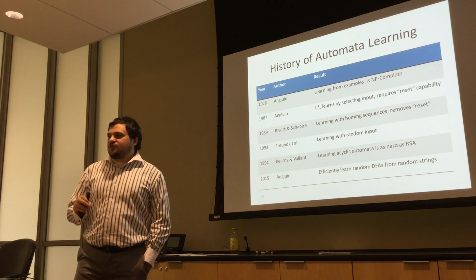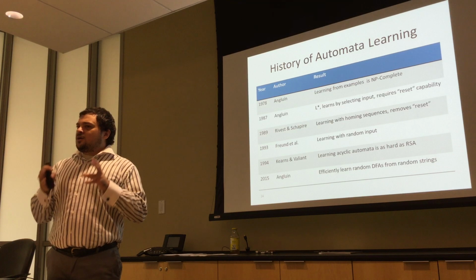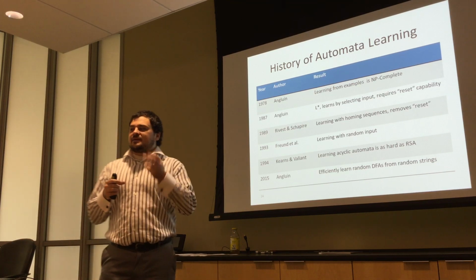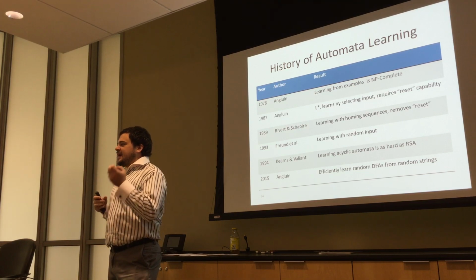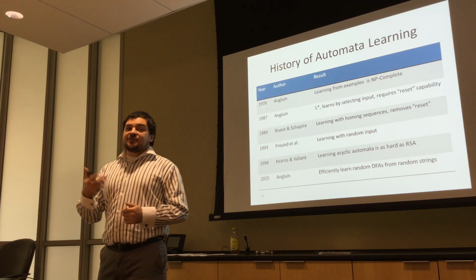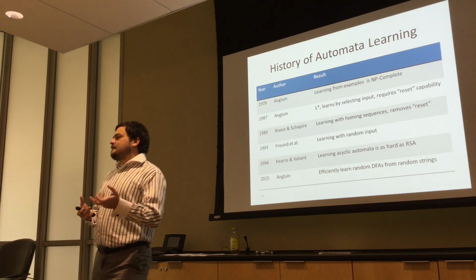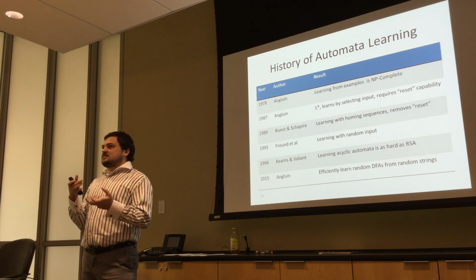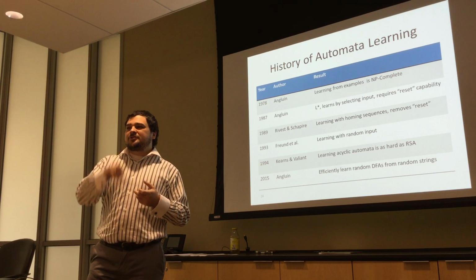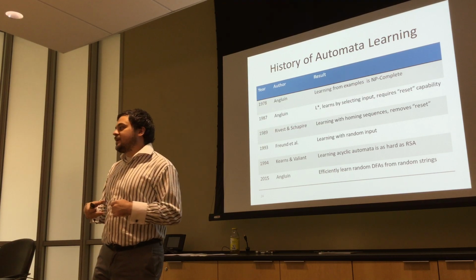So the fundamental flaw that all of these results have is that they all require the learning algorithm to look at the input given to the automata, which is behavior that's not allowed for the distinguishers between a pseudorandom number generator and truly random output.